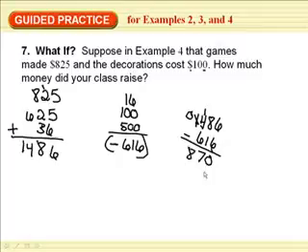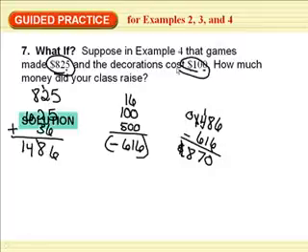Is that right? 6, 8. Checking my work. Yep. So I'm going to say we would make $870. And I just went back to the table and I re-looked at everything and I put in these two new numbers. I put in $825 for the games and I put in $100 for the decorations and then just redid the problem.